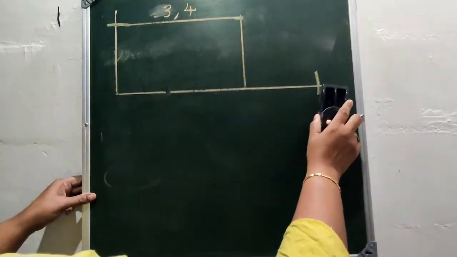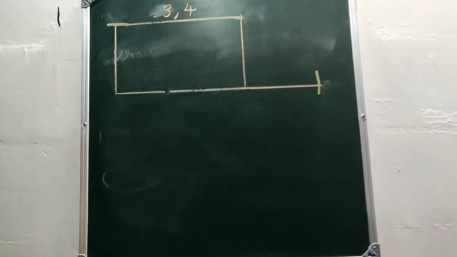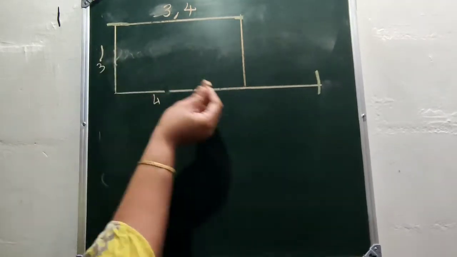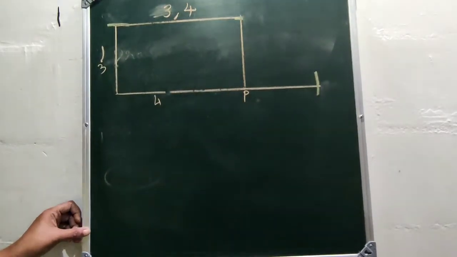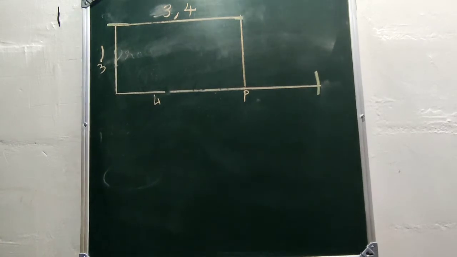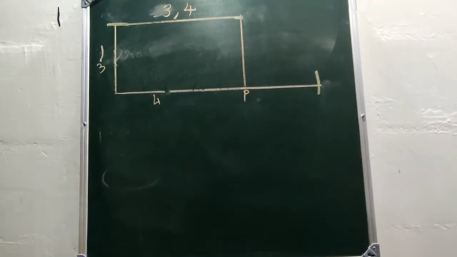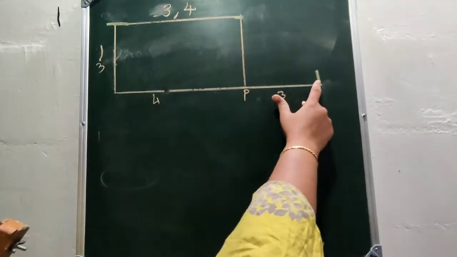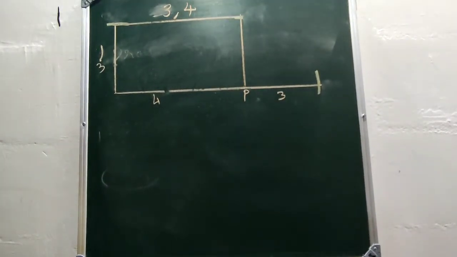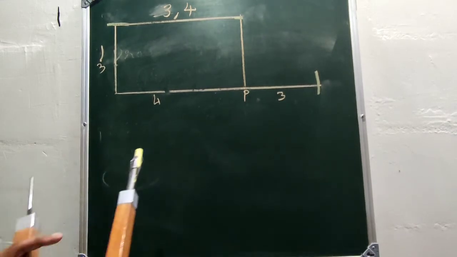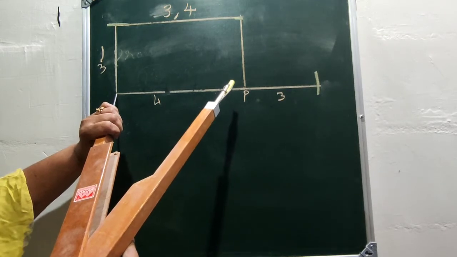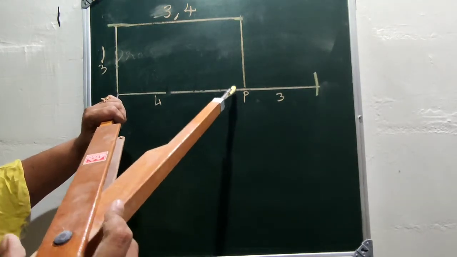First remove the unwanted lines from the figure. This length is 4 and this one is 3, and that point is P. Then draw a semicircle using this 4 plus 3, 7 centimeter, as diameter. For that we need to find the midpoint of this 7 centimeter line.